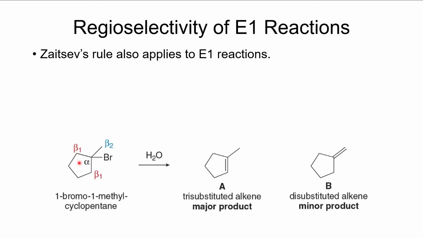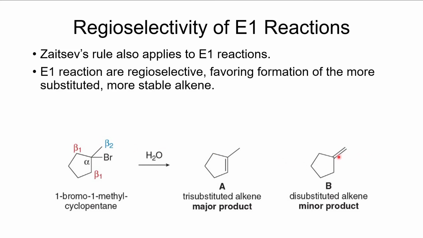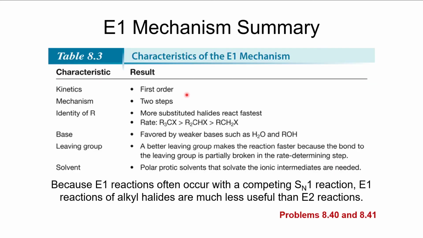Here, if we eliminate across the carbon and one of the carbons in the ring, then we will end up getting this tri-substituted alkene. Whereas if we eliminate between this alpha and beta carbon that is the methyl, then we will get this di-substituted alkene. So E1 reactions are regioselective like E2 reactions.